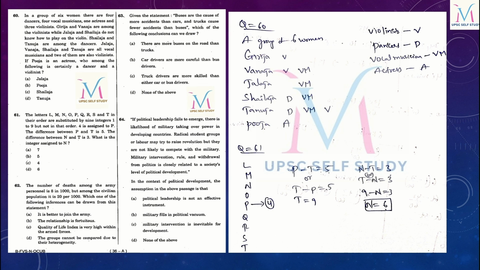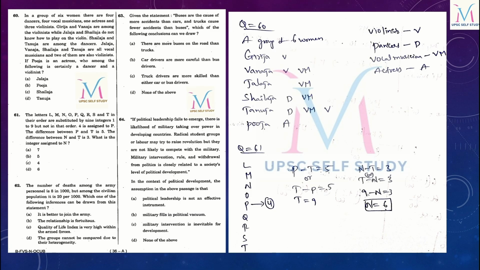So what is the integer assigned to N? The integer that is assigned to N is 6. I hope you are clear with the question. Simply, the question is 9 integers are given, and I just wrote them in order, but in the question it is told that they are not in the order.